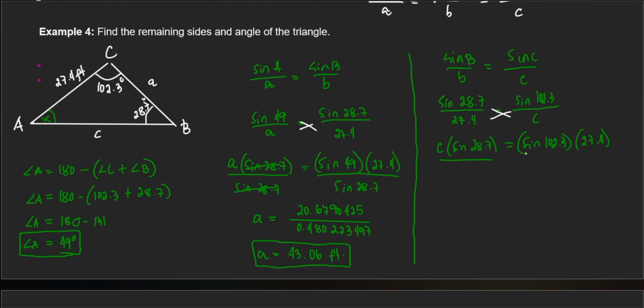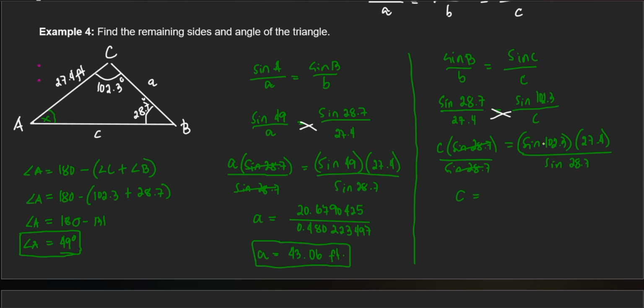Then divide by sine 28.7, then sine 28.7. So, this is cancelled out. So, c na lang matira. Then, same pa din, you multiply first yung numerator.